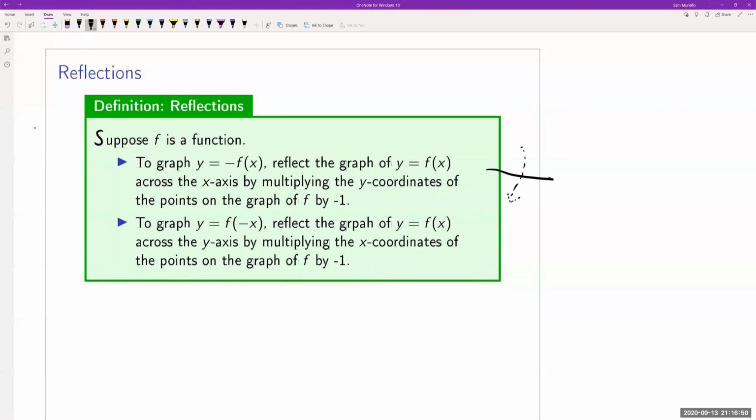In terms of our example, if this is f of x, then this would be negative f of x.